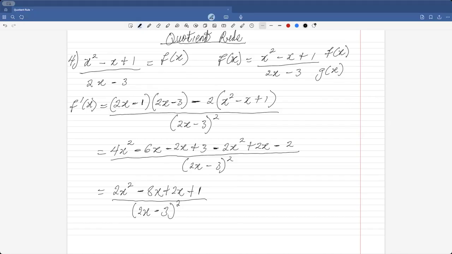And of course, our final answer becomes 2x squared minus 6x plus 1 all over, open parentheses, 2x minus 3 all to the power of 2. And that's the final answer for this problem.